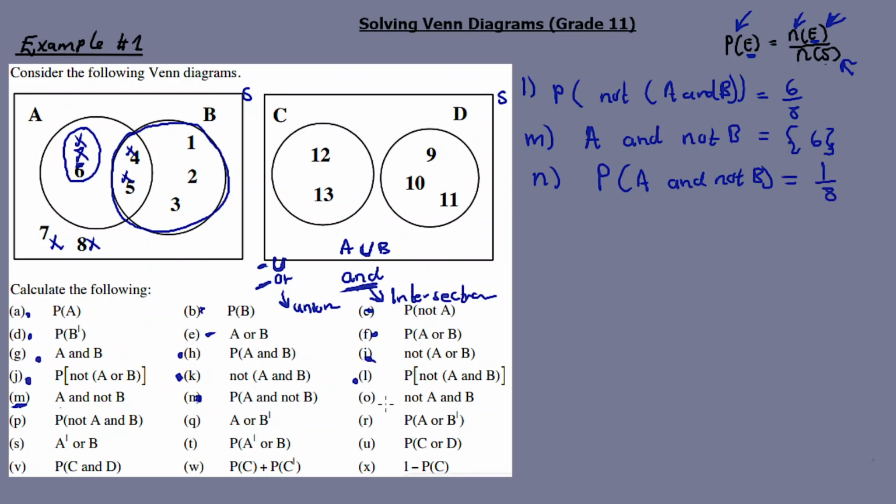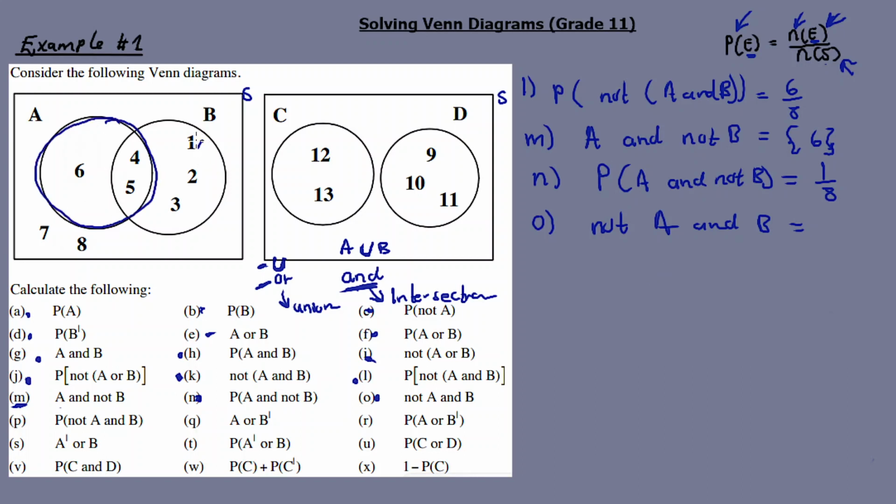Done. Let's go on now, not A and B, and O, not A and B is equal to not A and B, not A. Okay, this is A or not A now. 1, 2, 3, 4, 5, and then they want B. So this is B. We mark everything out for B. Yeah, so where there's 2 markings, it's our intersection.